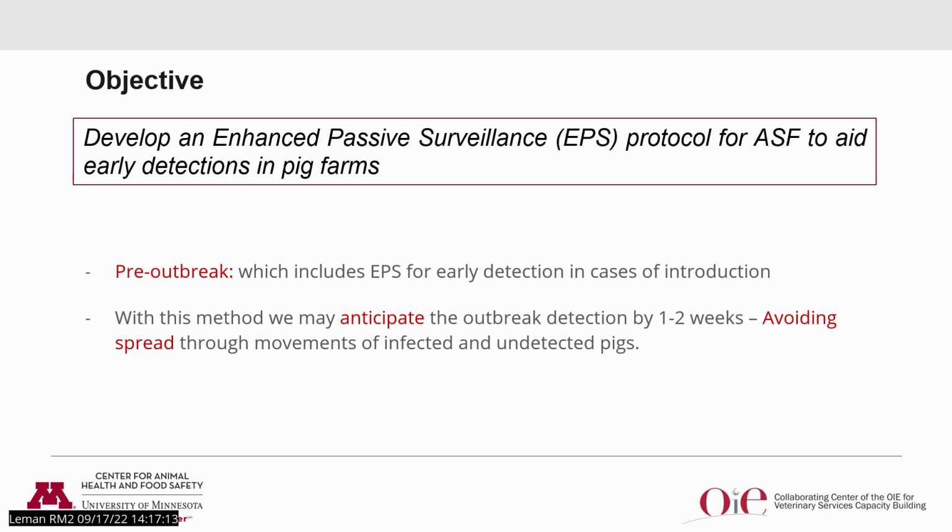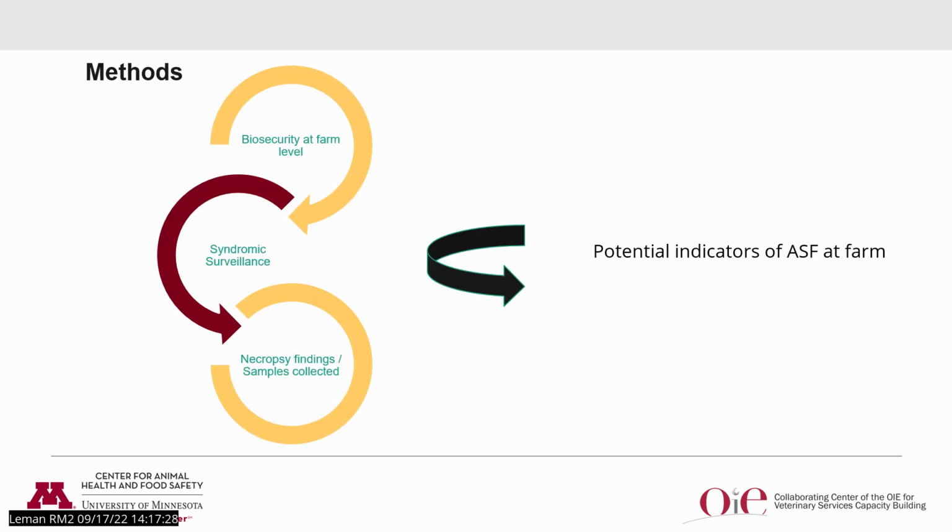And that could be helpful in countries that are free from the disease, but also in countries that are affected by the disease, because then we can use this approach to mitigate the impact of introduction into areas or group of farms that were believed to be free. So the way we built this approach was considering three levels of data that are collected from the farms.